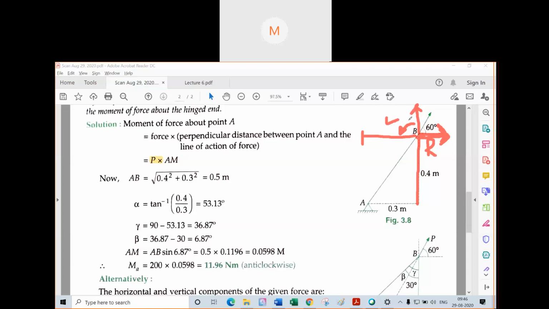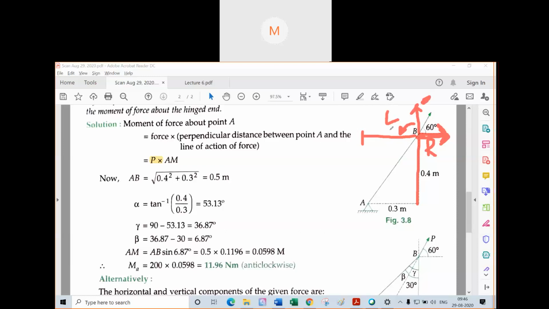If the directions are opposite, then what you have to do is consider one as positive and the other as negative. As simple as that. Now here, this sin theta component is on the left side.